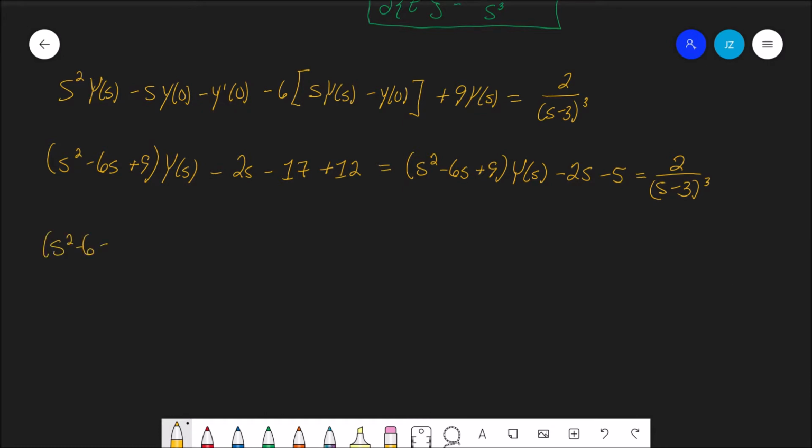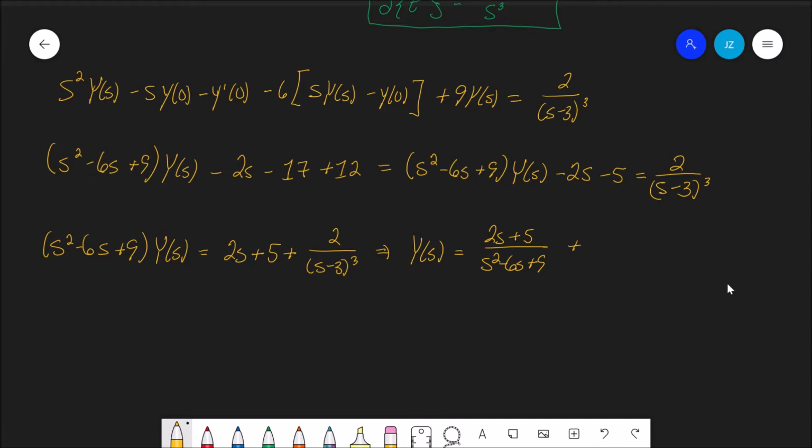Which means that s squared minus 6s plus 9 all times y of s is equal to 2s plus 5 plus 2 over s minus 3 cubed. And so y of s will be 2s plus 5 all over s squared minus 6s plus 9 plus 2 over s minus 3 cubed times s squared minus 6s plus 9.